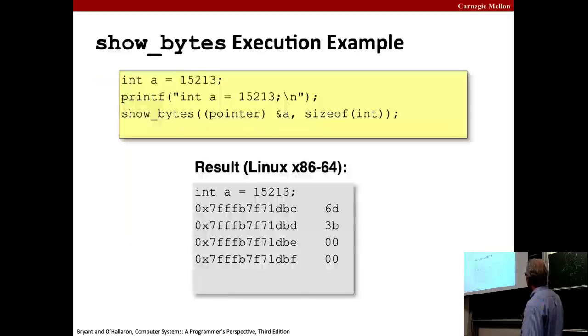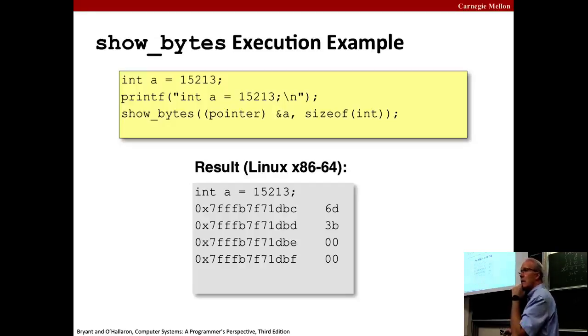What it's saying is, starting at that address, print out the next series of bytes for me, however many bytes I ask for. In this case, I'm creating a pointer to this integer, but I want to show the bytes in that integer, the 4 bytes that make up that integer. That's why I'm giving it the number 4 here instead of 8.